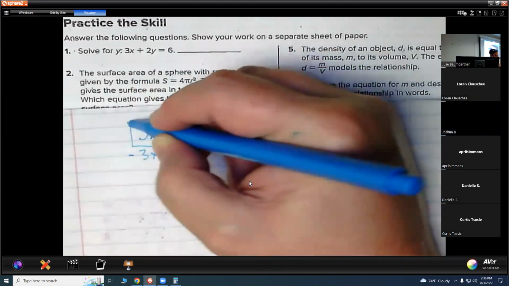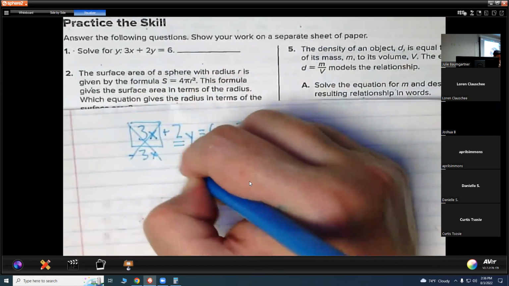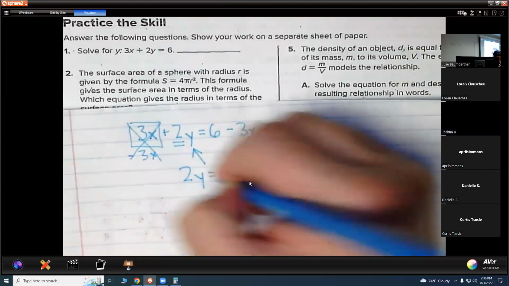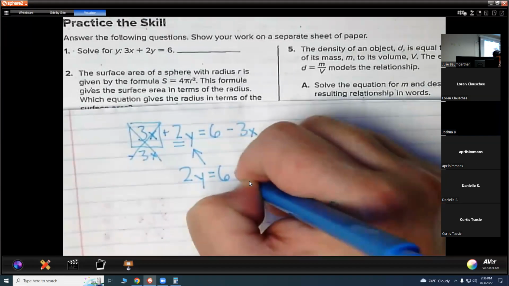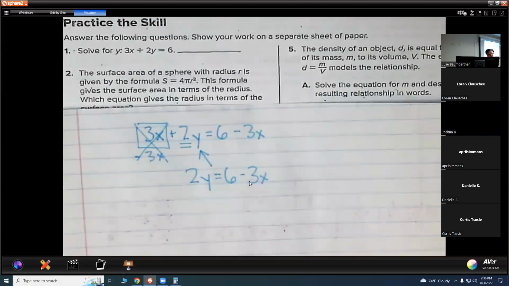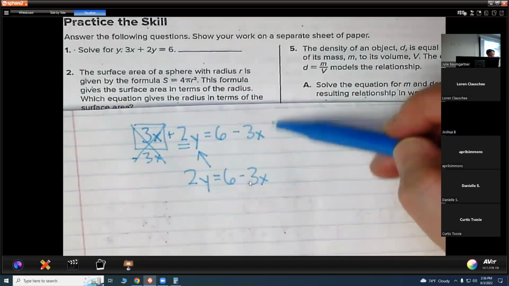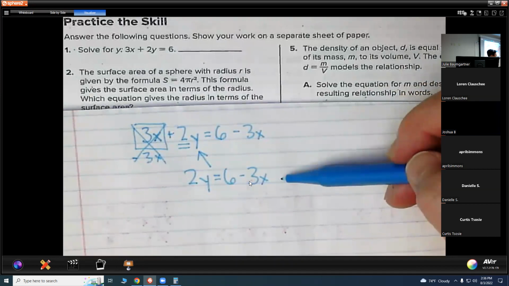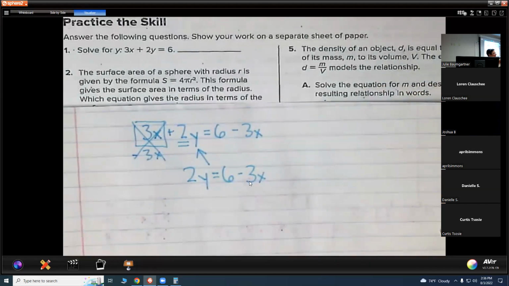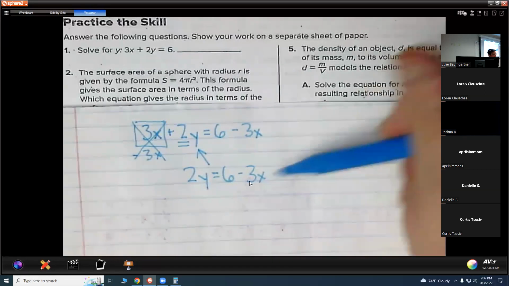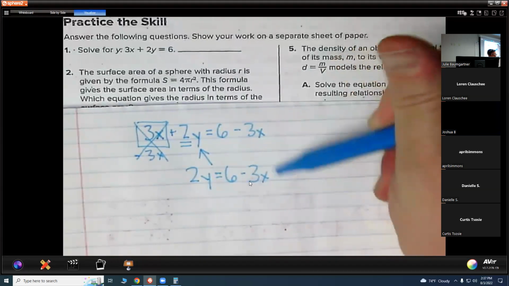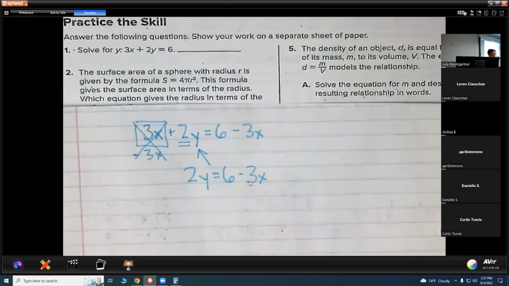Plus 3x minus 3x cancel, so now I have 2y equals 6 minus 3x. Does this step make sense? It's like combining like terms, but they're not like terms. We're just moving them to the other side of the equal sign, but we're still doing the same thing. It doesn't combine anything. It's just now on the other side.